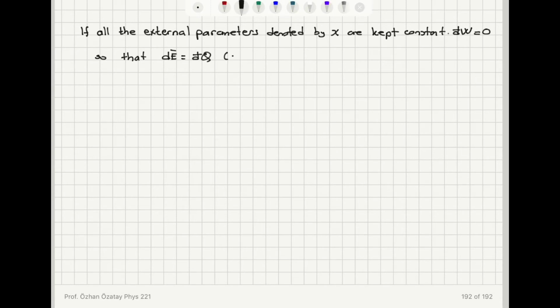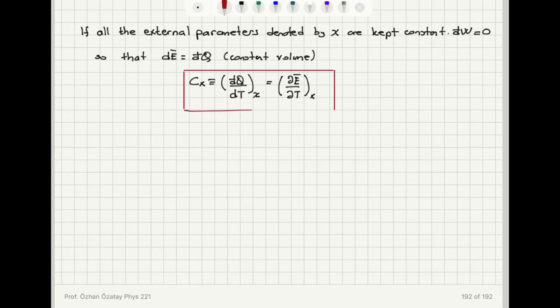For example, a constant volume gas, right? So we will have the heat capacity given by d bar Q divided by dT with external parameters x kept constant, or the derivative of E bar with respect to temperature with x kept constant, so that we have no work done on the system.